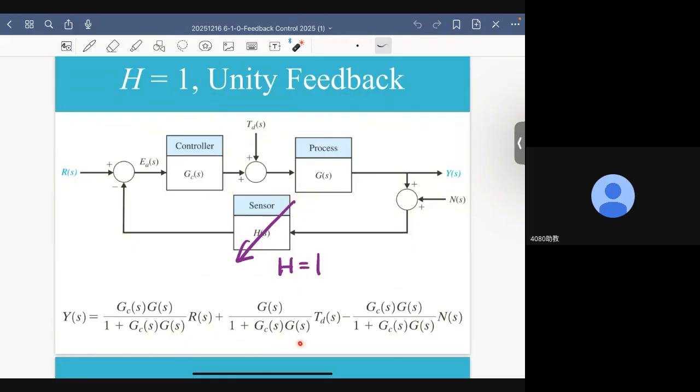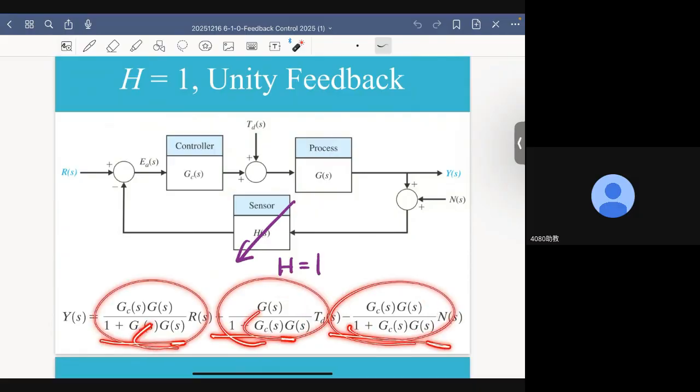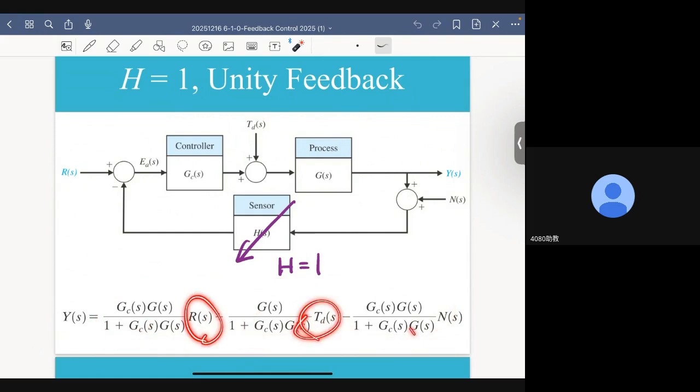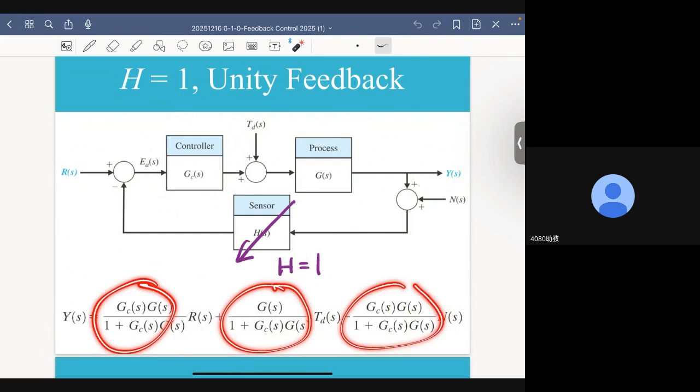Because we have three inputs, we have three transfer functions.